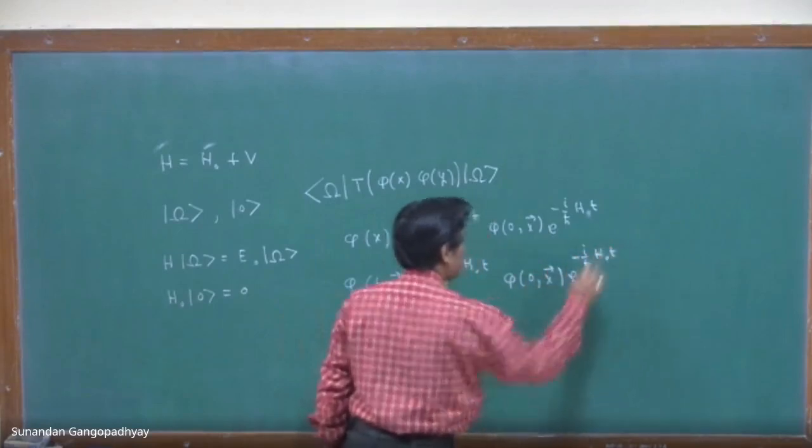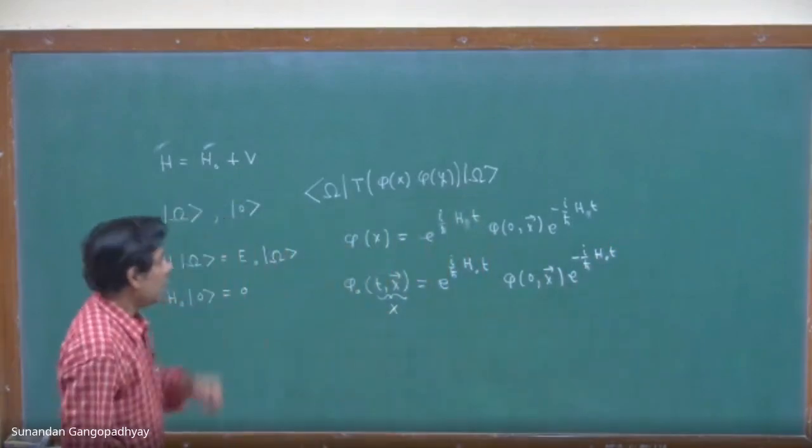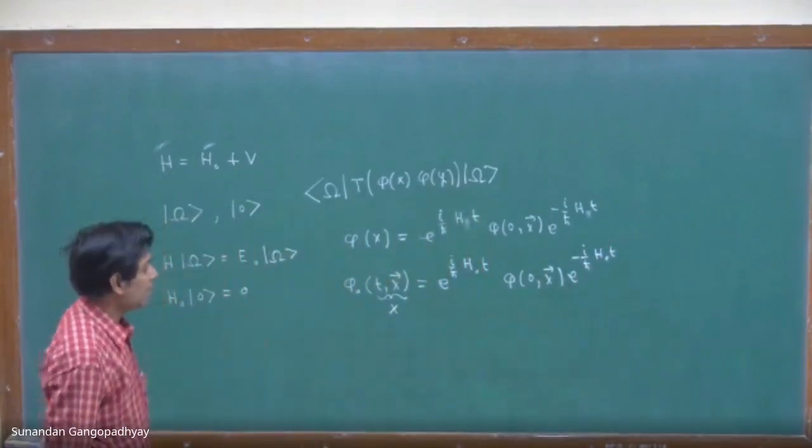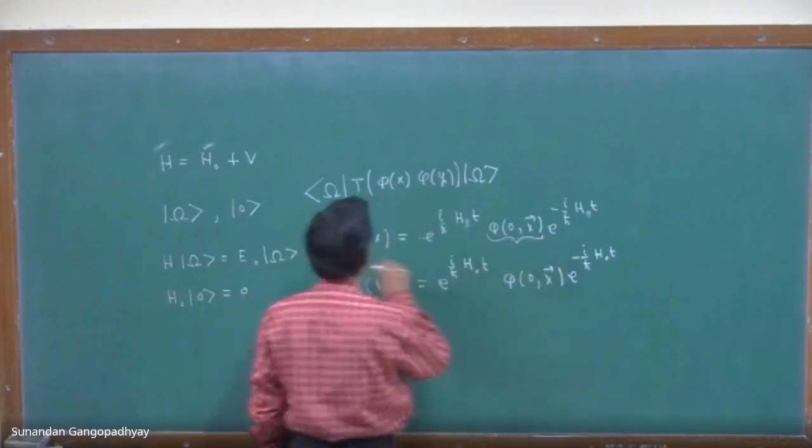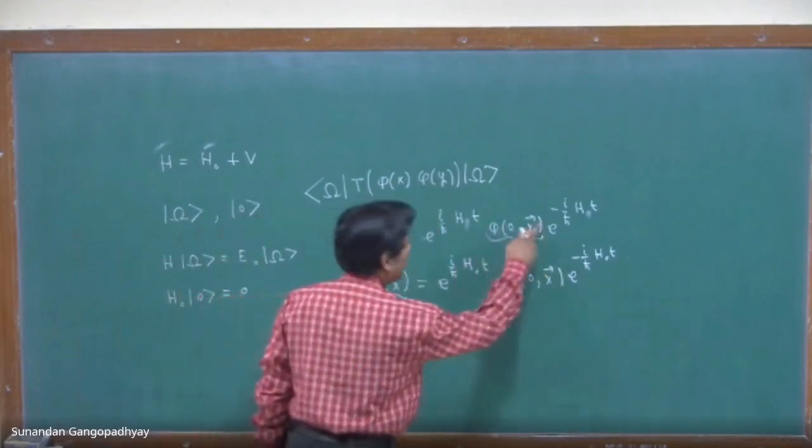And then in the previous class we wrote down phi of 0 x in terms of phi naught.